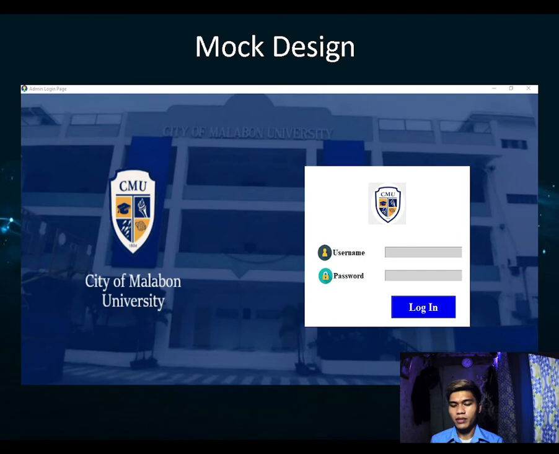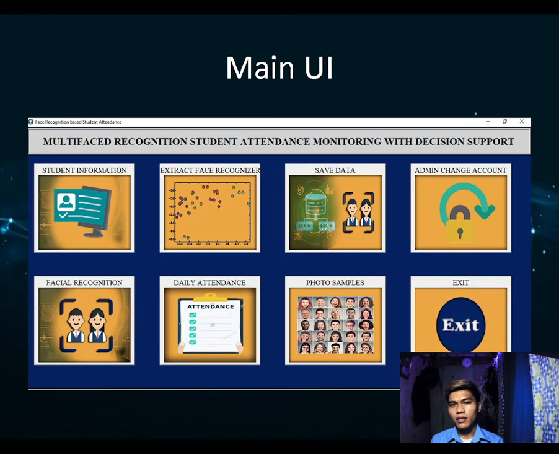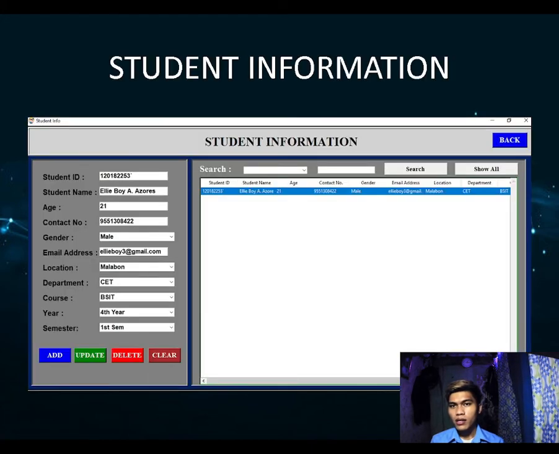Mock design. This is the login user interface of our system. Next is the main user interface. Next, student information, where students insert their face recognition and other information such as student ID, student name, age, contact, gender, and so on.